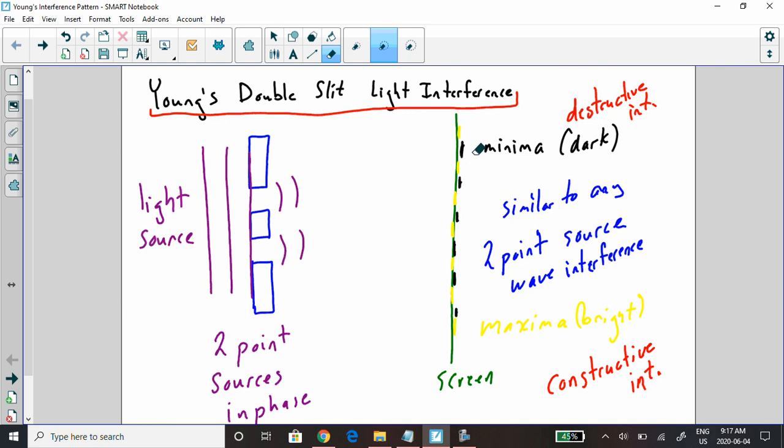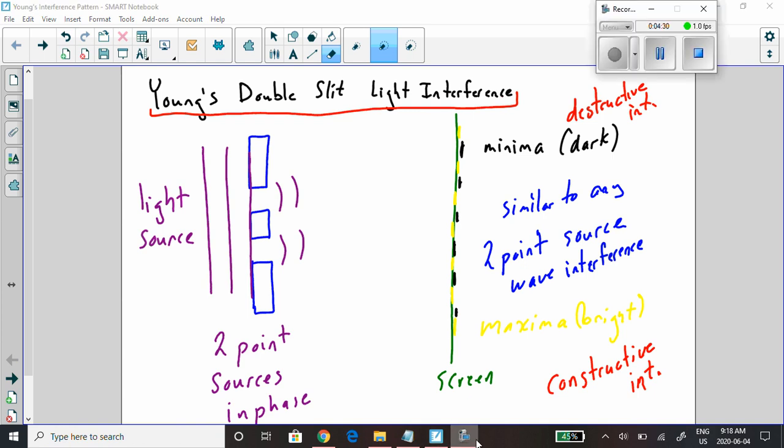Well, at any place that you have a minima, dark, destructive interference, that path length difference always falls upon a multiple of half a wavelength. It always ensures that a crest from one meets a trough from the other wave. A crest from one source meets a trough from the other source. That's still at the heart of this. This isn't some type of totally new experience we're having here. Young simply observed it in light.